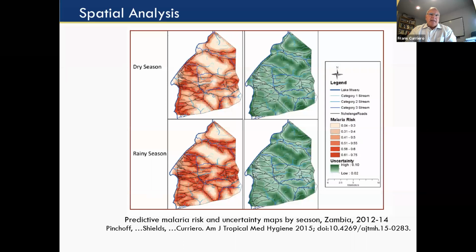And then we used that data to map. That's what you see in the red and pinkish maps, the spatial variation in the risk of malaria, and then the green maps show you the high and low areas of how statistically certain or uncertain we are in those risk estimates. And that's just the citation at the bottom of the slide there. Next slide, please.